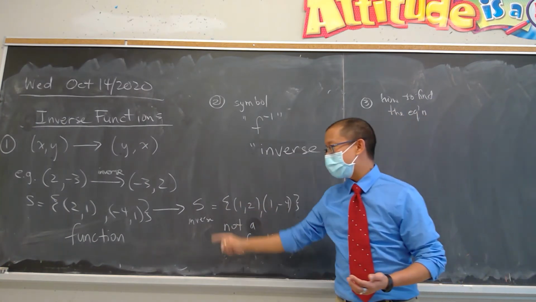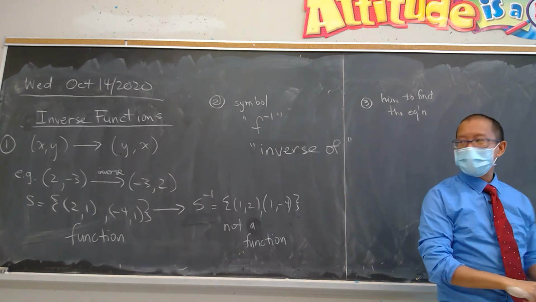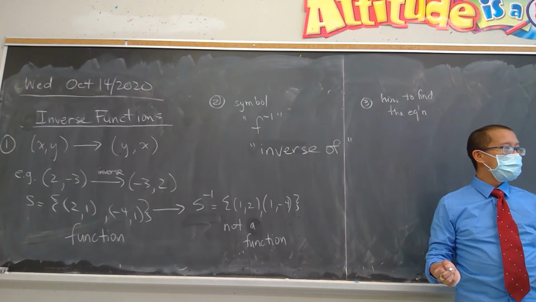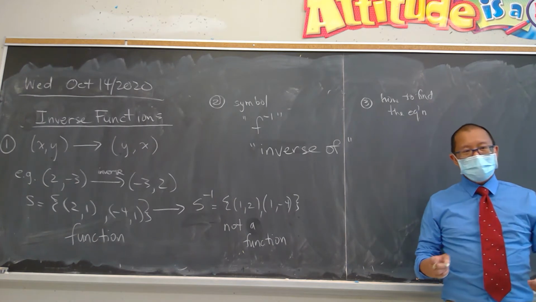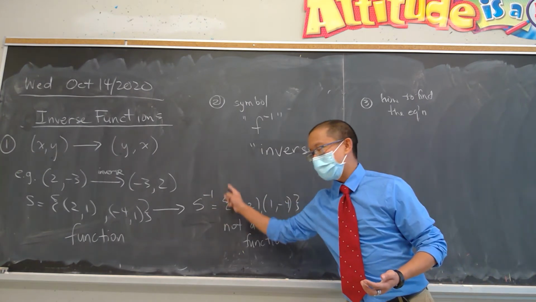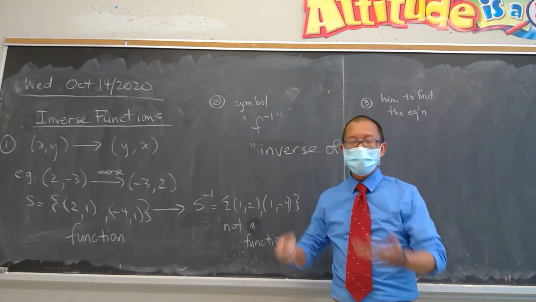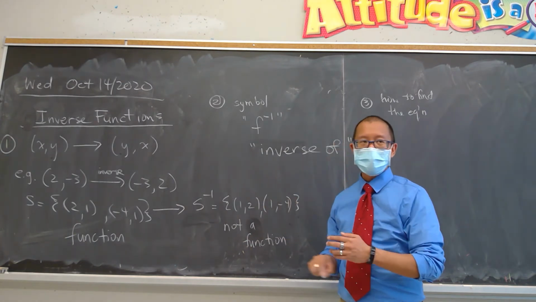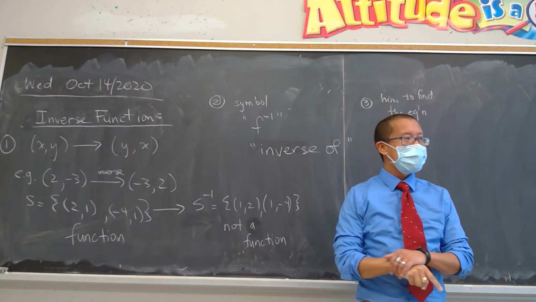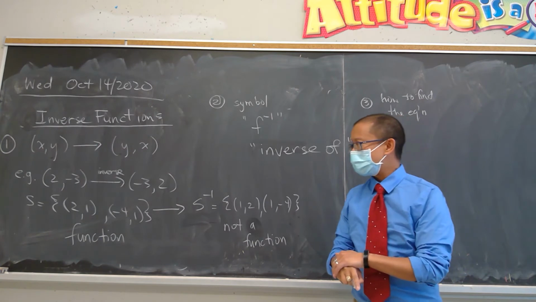So technically, I should have written this as s to the -1, but that just means inverse. Technically, if the inverse is not a function, I am actually not supposed to write this. I'm just supposed to say the new relation is blah, blah, blah, because this is only for inverse functions, but that's the notation that we have that really represents what we're given.